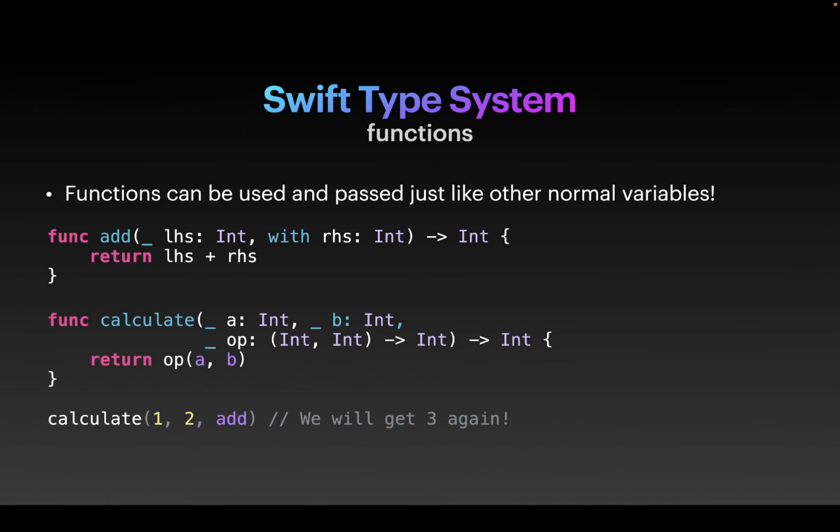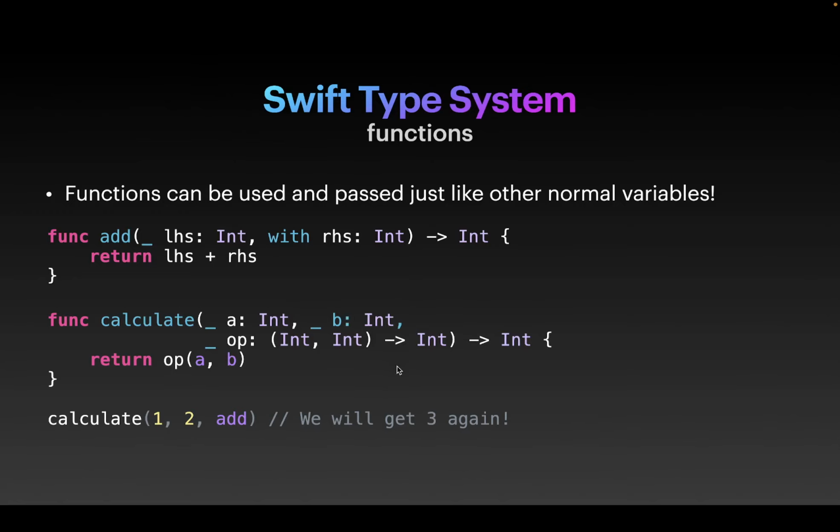Now let's take a look at how we pass our function around into different functions. So the add function is again the same as before. Now we have a new function, which is called calculate, okay? And it takes 3 parameters. The first parameter is an integer. The second parameter is again an integer.